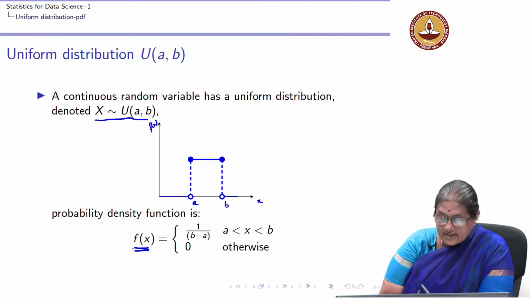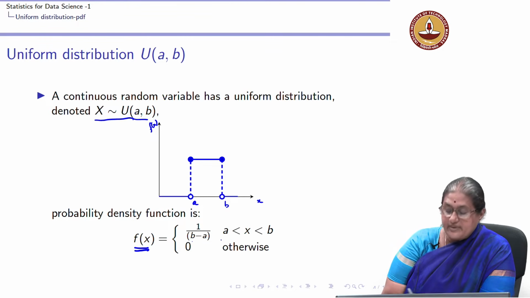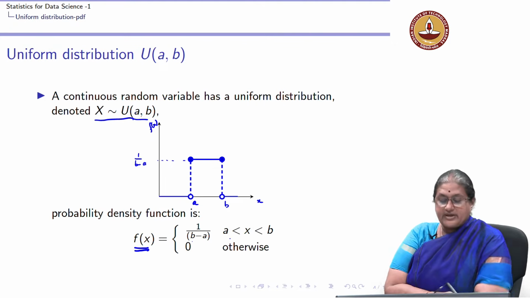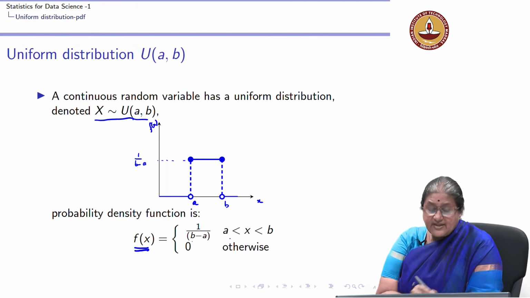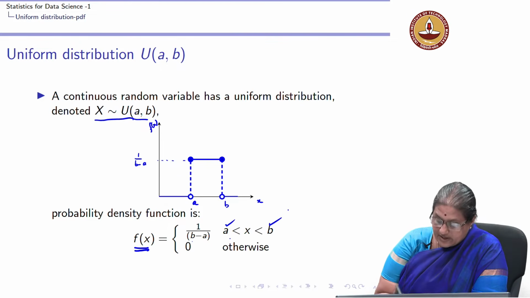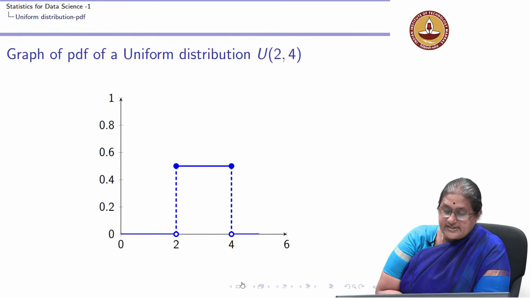Hence, the probability density function is 1 divided by b minus a for a less than x less than b, and it is 0 otherwise, for any real values of a and b.